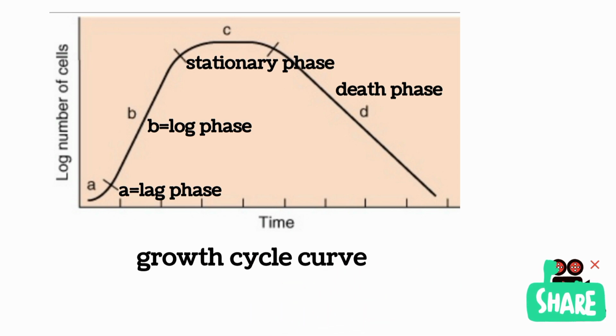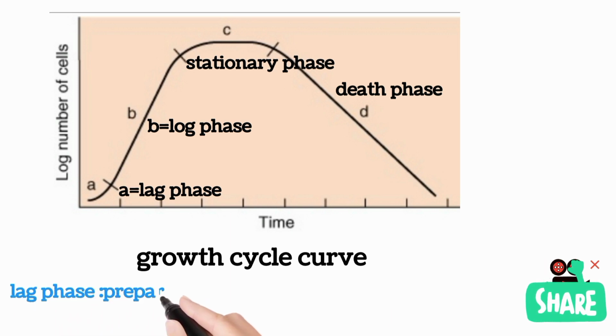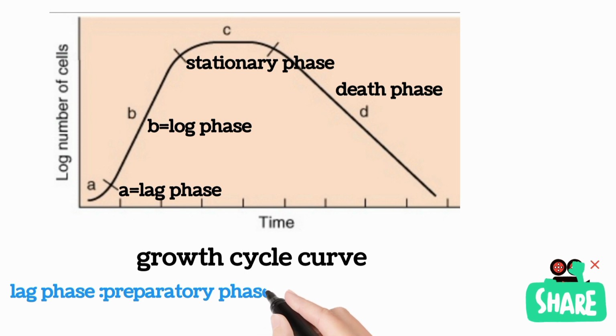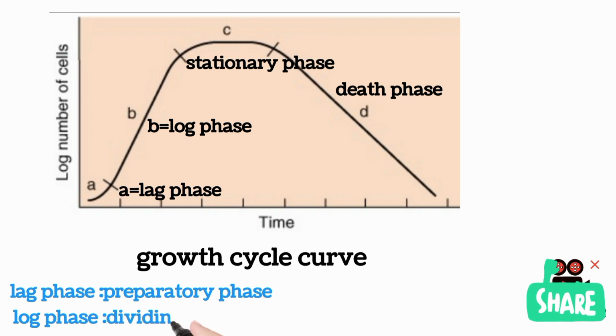So finally we can summarize the growth cycle curve, which comprises the lag phase, which is the preparatory phase. As we said, no division of cells occurs. Then we have the log phase, where you have the division phase of the bacteria, and this is the exponential growth phase.